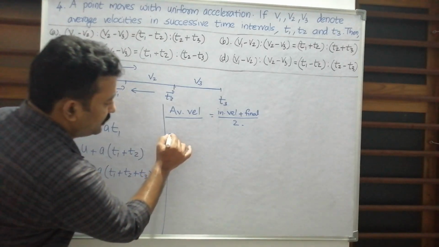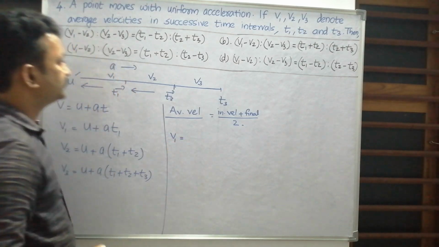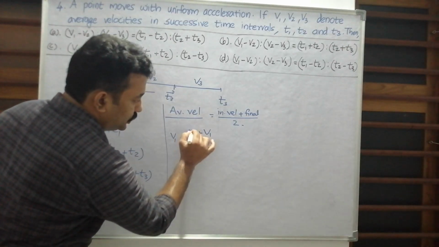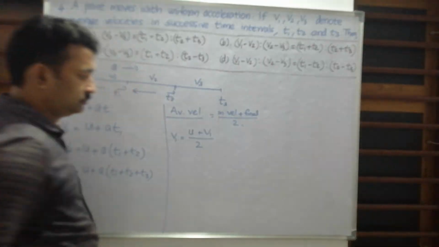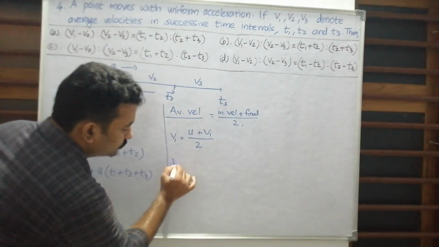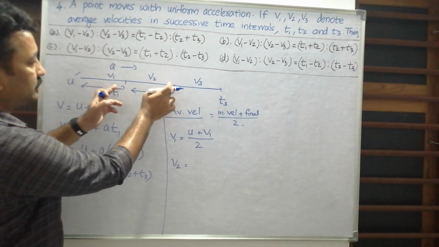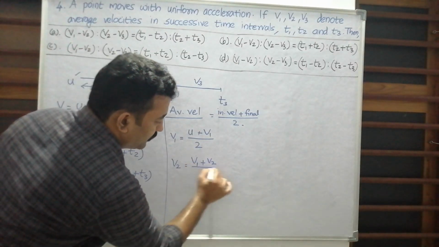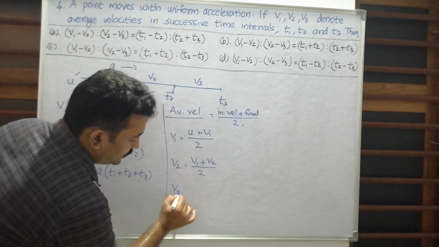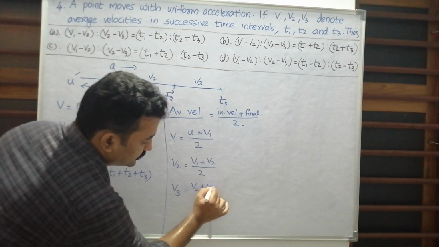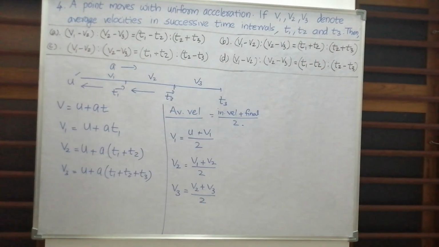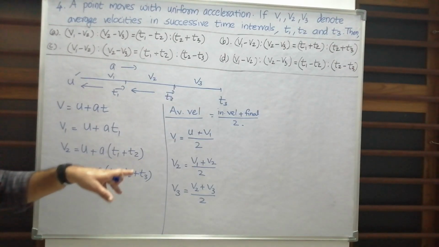The first interval average velocity v1 can be written as final velocity is v1 itself, initial it is u, by 2. What is the second interval average? We can put it as v1 plus v2 divided by 2. And the third, v2 plus v3 divided by 2. So we got the equations for the average velocities.